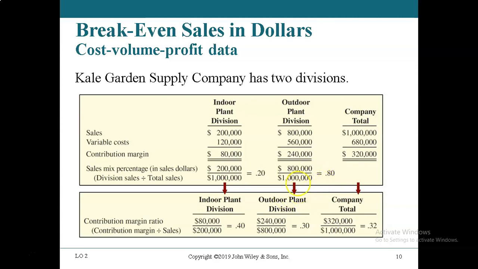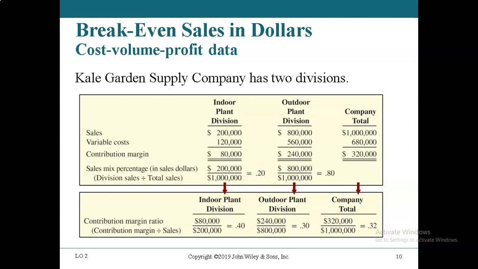Okay, so then let's figure out the contribution margin ratio for indoor and outdoor. You can see here the contribution margin ratio for indoor is, take the contribution margin, which is 80,000, divided by 200,000.